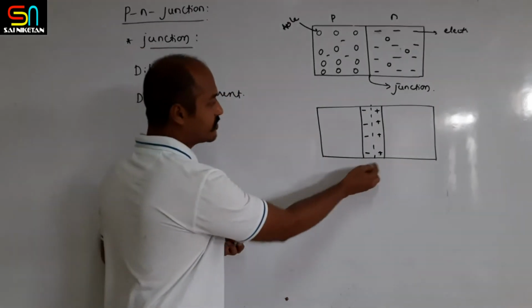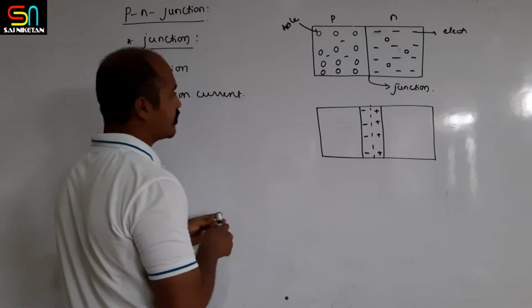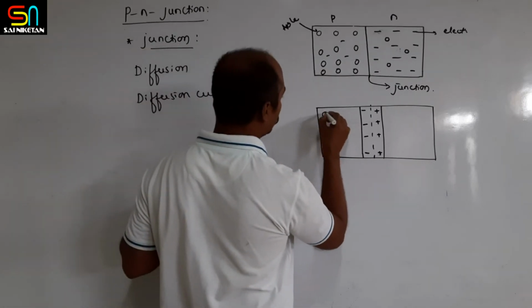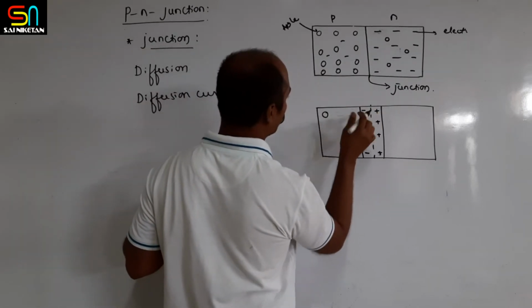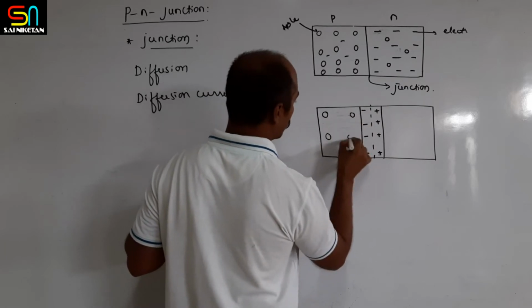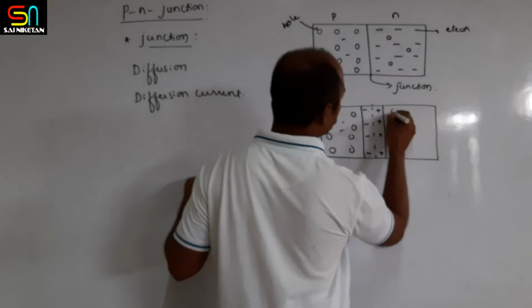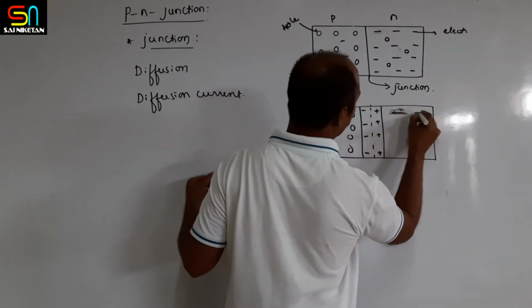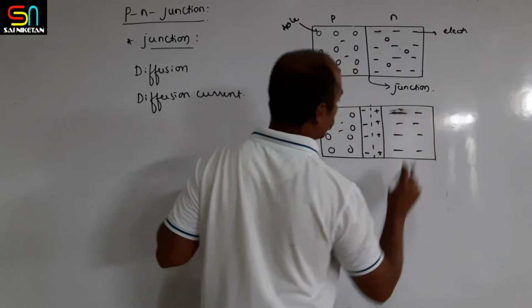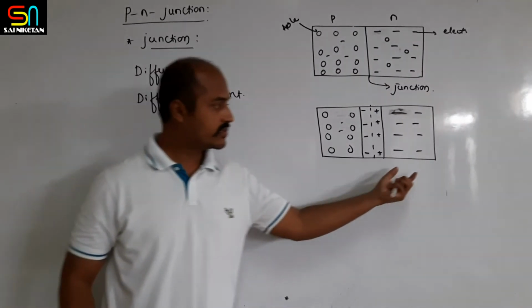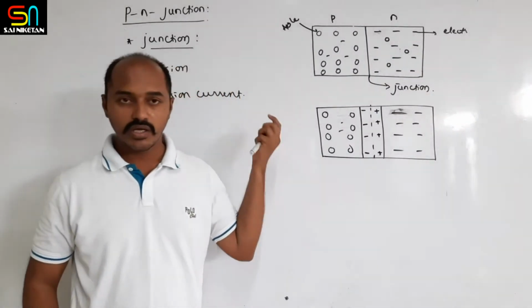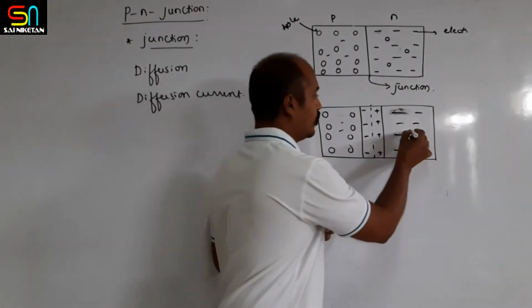Because of this movement, a charge is produced, with one or two electrons and one or two holes on each side, while this is still the n-type and this is the p-type.